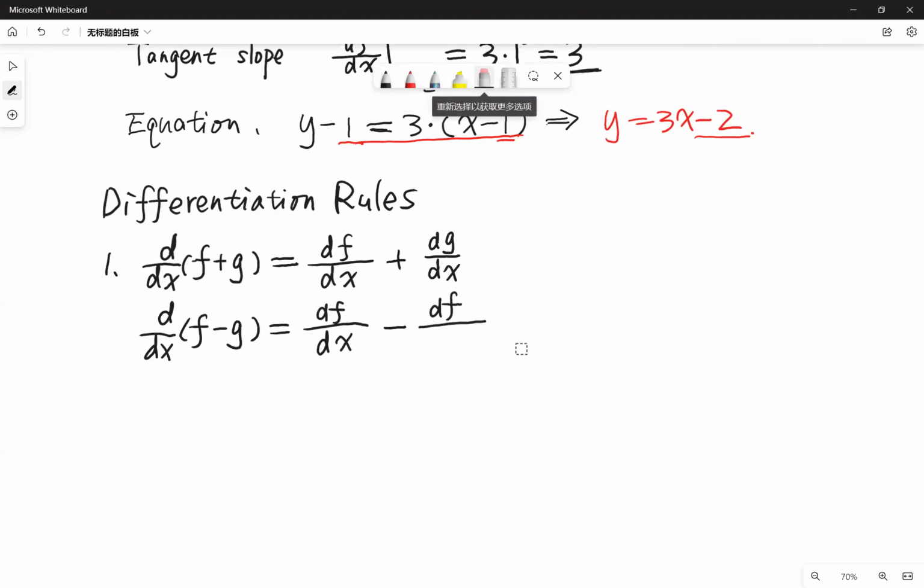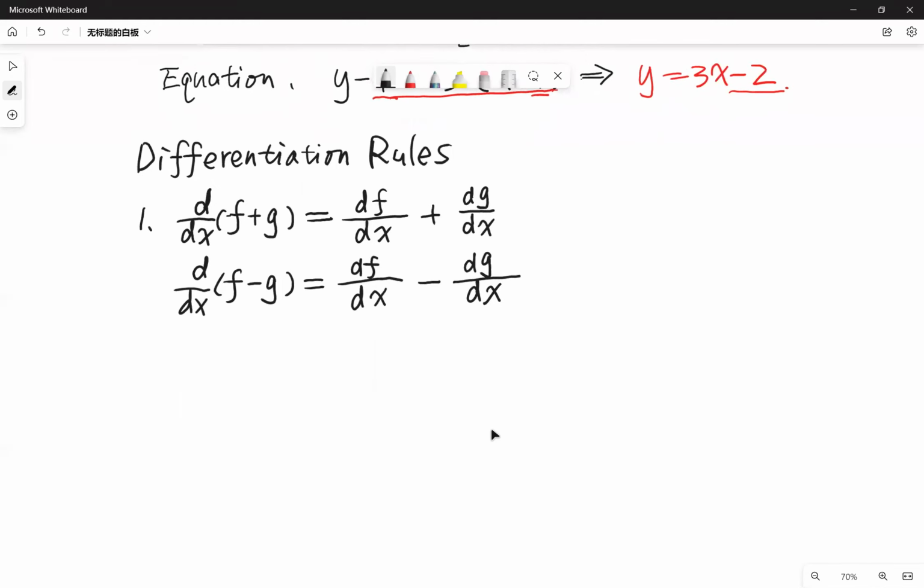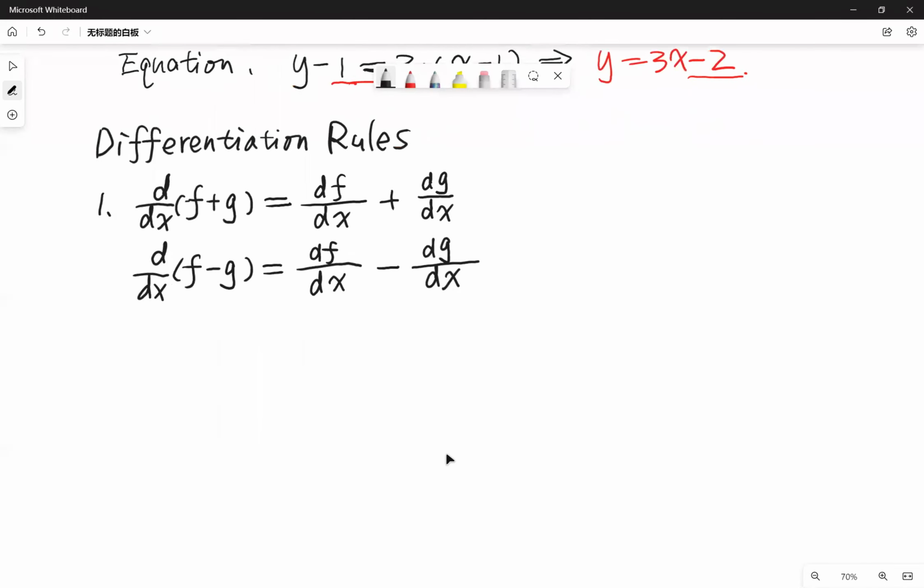Sorry, I made a mistake again. This is the first rule here. We call it the sum rule and the difference rule.